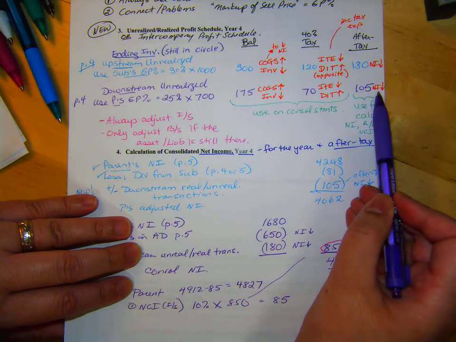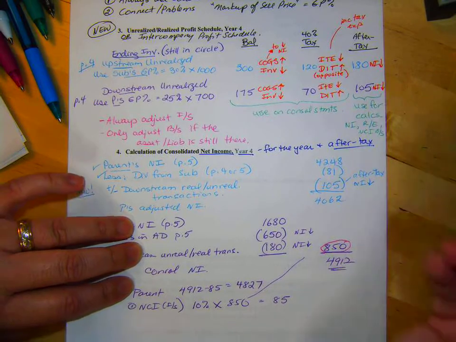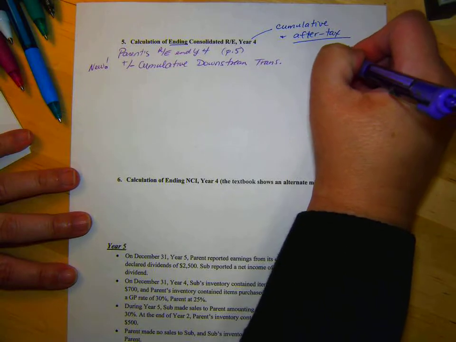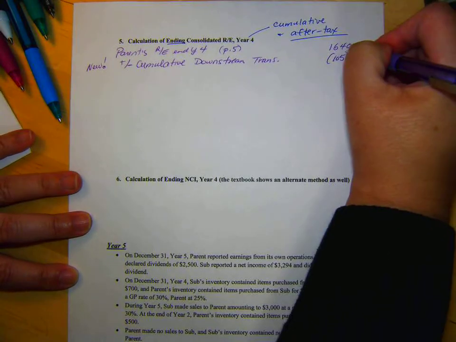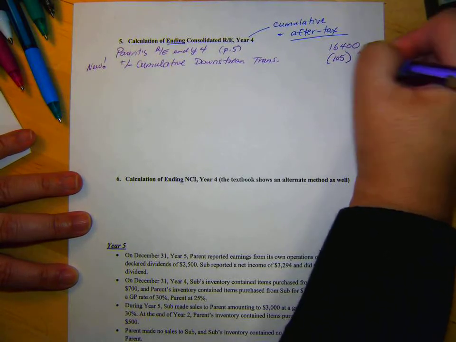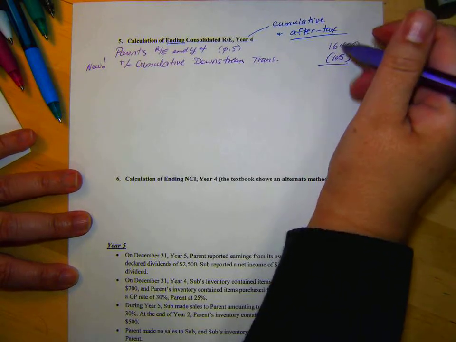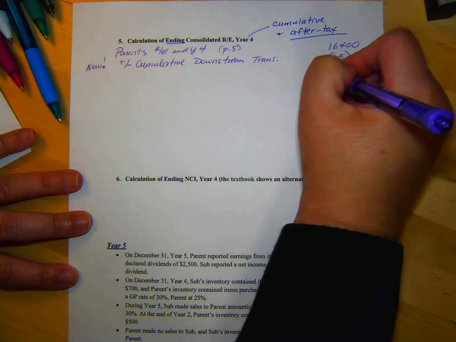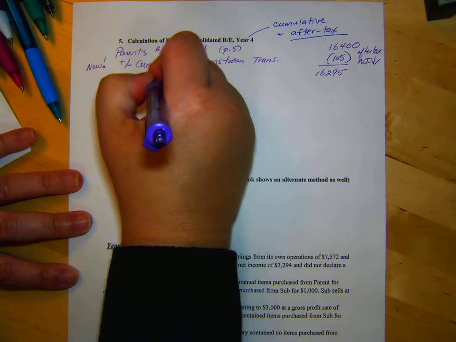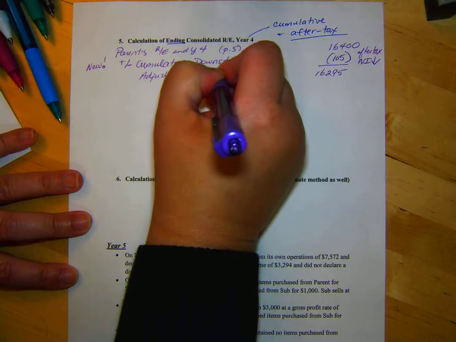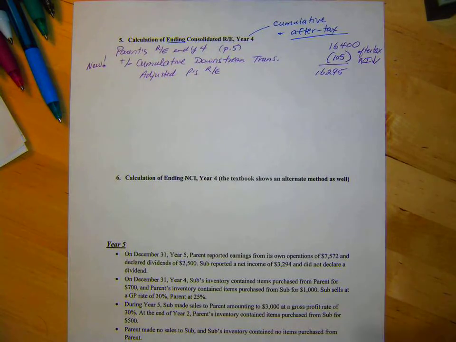And we're making net income go down, so it's going to be negative. So 105, it's after tax, and net income is going down. So that works out to 16,295, and that's adjusted P's retained earnings. Good with that?